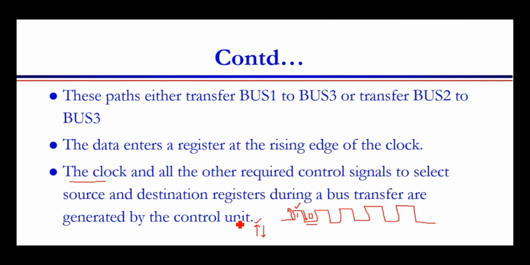So the rising edge of the clock will be used in our control signal generation, or whenever data enters a register, it will also use the rising edge of the clock. So the clock pulse must be used in our data transfer. In this bus structure, we will have a clock pulse which will be linked with the data transfer and the control signal generation.